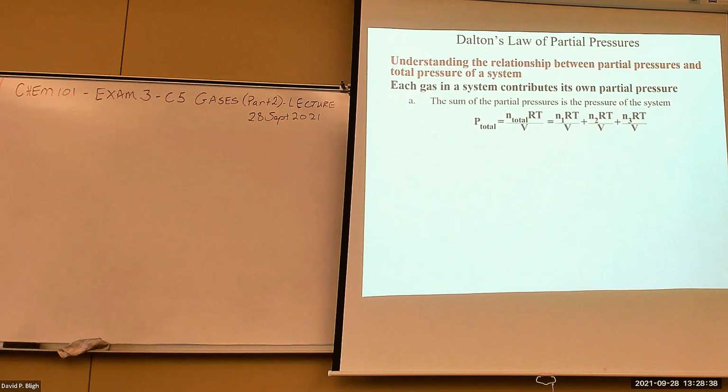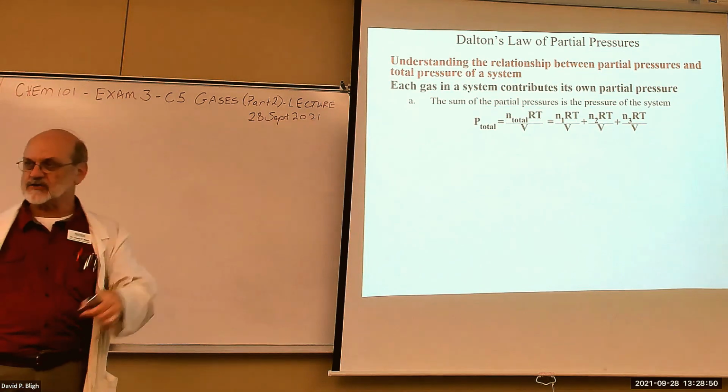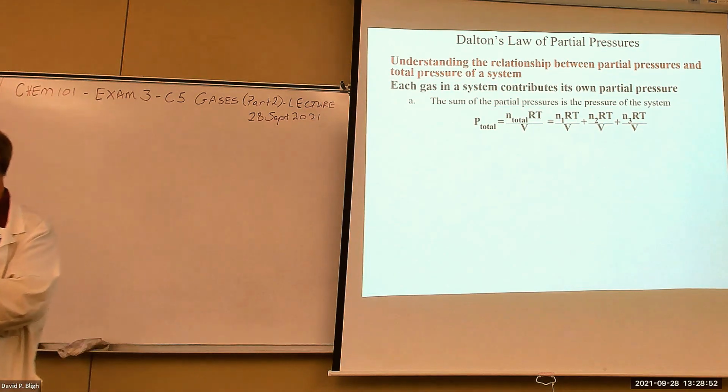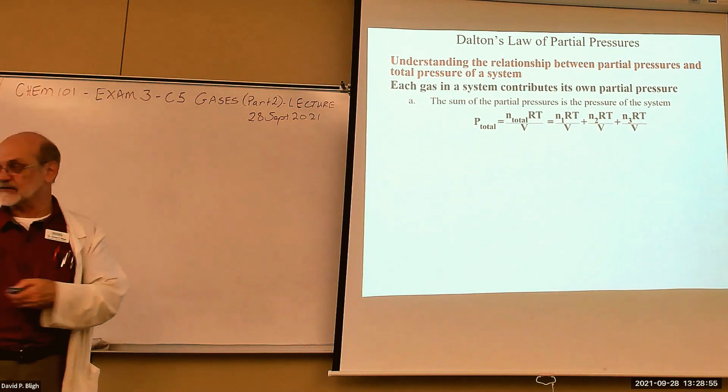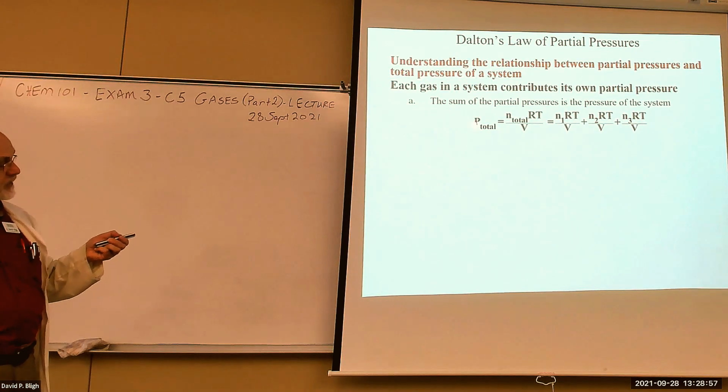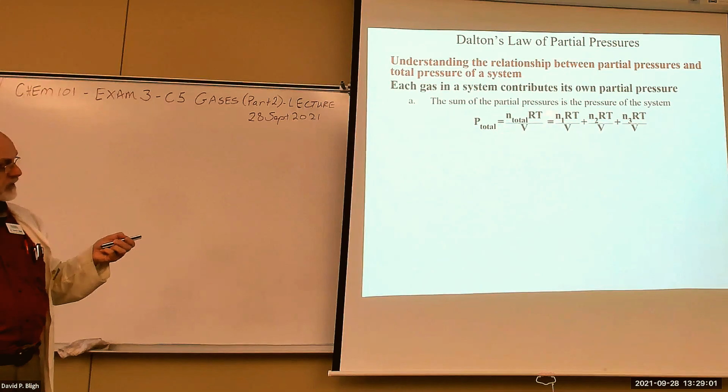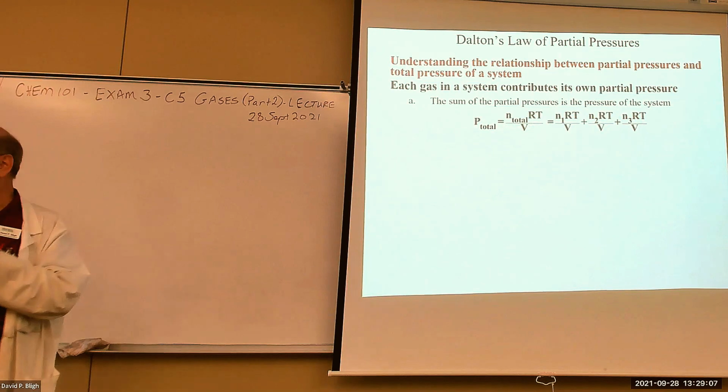So when we look at it that way, the total pressure is equal to the partial pressures of each one of the gases. And we can express the pressures of each one of those individual gases in the mixtures in terms of the universal gas equation, or the ideal gas equation. So this is a representation of the total pressure. The total number of moles times the gas constant times temperature divided by volume is equal to that pressure.